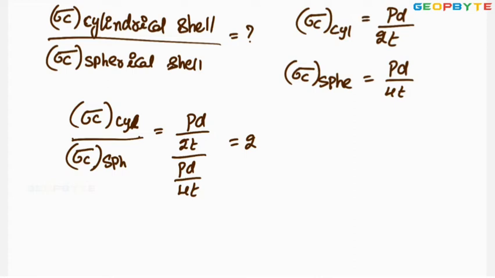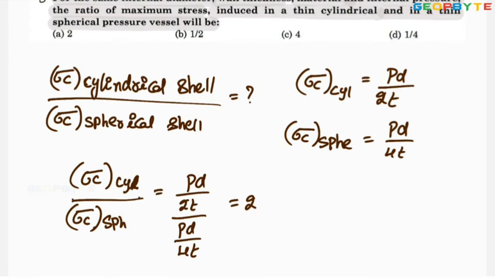Therefore, the ratio between the two circumferential stresses respectively cylindrical and spherical is 2. Look at the options. Option A is absolutely correct. I hope you got my point. Let us go for the another problem.